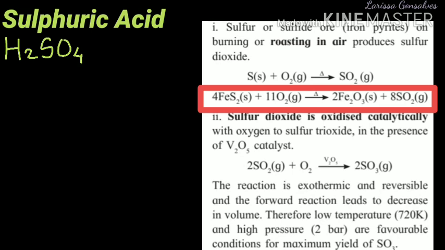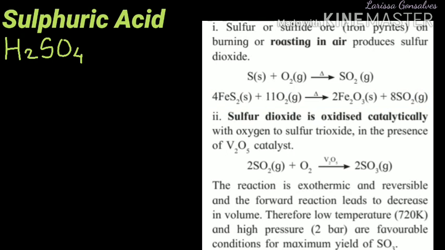In the second step, we take the sulfide ore or the iron pyrite, with the formula FeS2, and we react it with oxygen to get iron oxide along with sulfur dioxide. Next step is sulfur dioxide is oxidized catalytically with oxygen to sulfur trioxide in the presence of V2O5 catalyst.